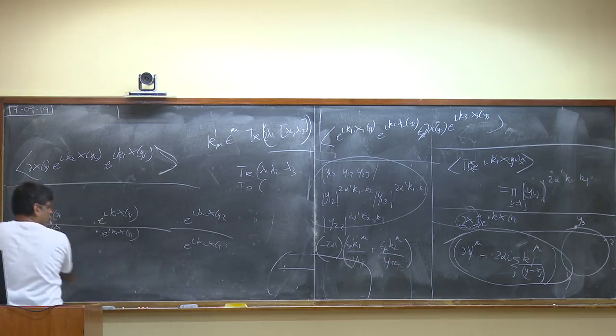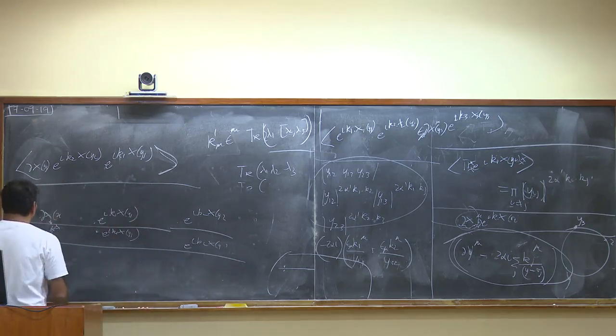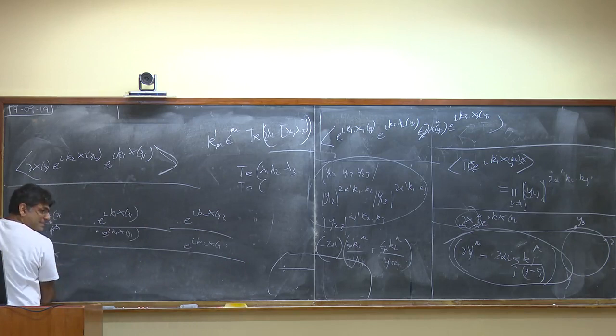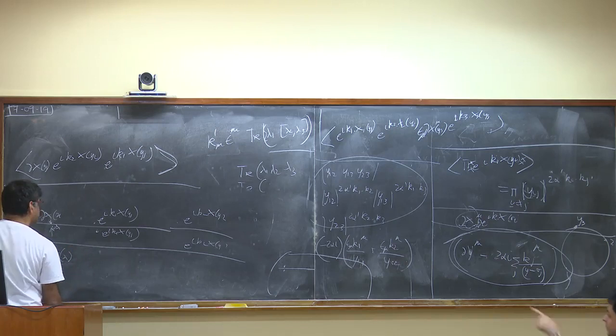Effectively we have del x of x. It's a 4 because the lower one also contracts with both of these.